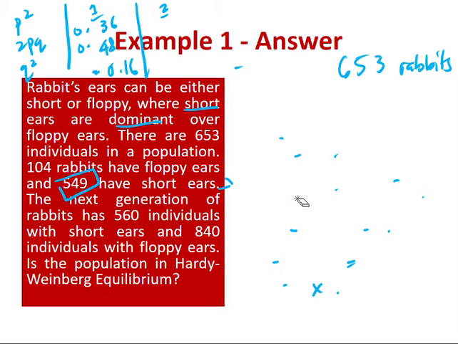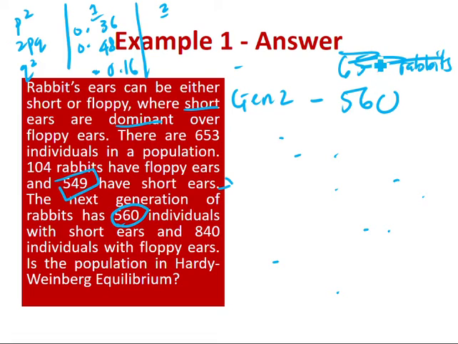Okay, now, second generation. There are 560 rabbits. So somehow the number of members in that population has decreased. Earlier it was 653, now it is 560.